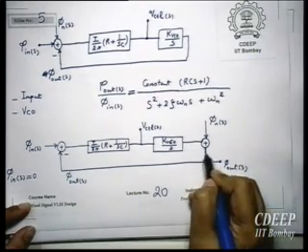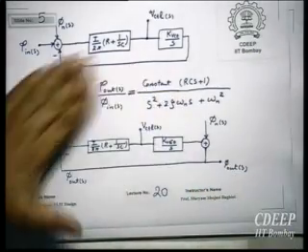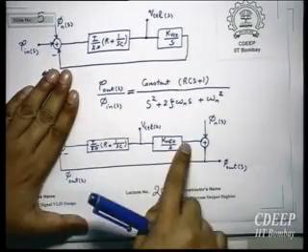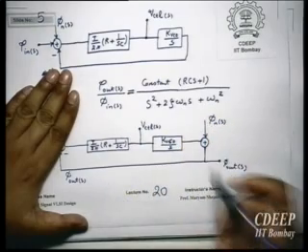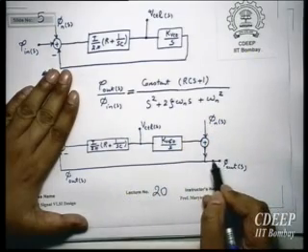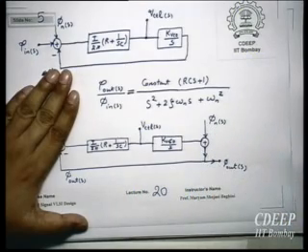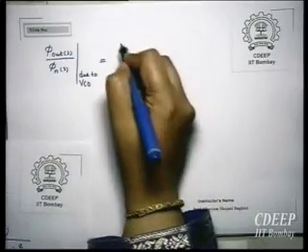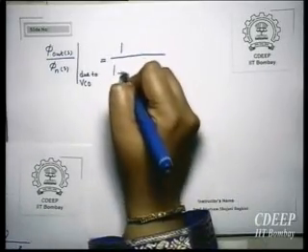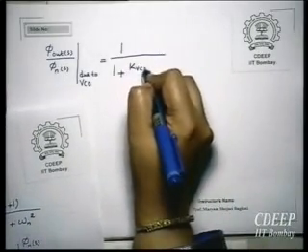So what is the transfer function from input to output? This is the entire loop, like feedback, and this is the feed forward path to the output, which has a gain of 1. Therefore, effectively the gain will be feed forward gain divided by 1 plus loop gain, and the loop gain is the same as before.